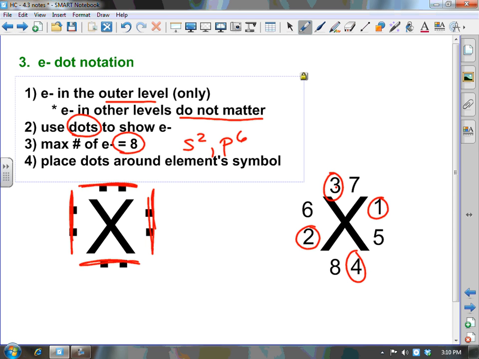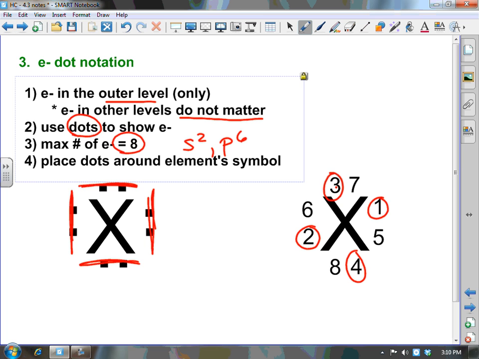So that's the location. Now, why is the location important? Can't I just put 8 dots around it or 6 dots? No, as we get into chapter 6 and bonding, we want it to be very specific, very organized, so that it's easy for us to identify what electrons are involved and where they're going.